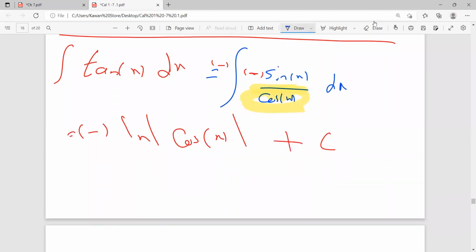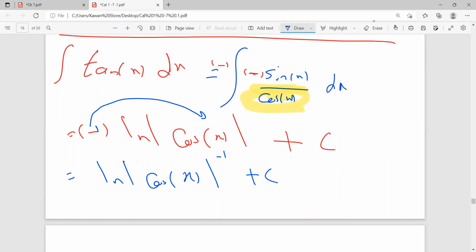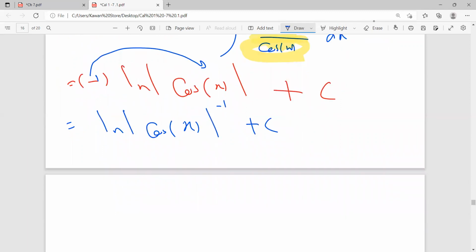This one is extra, I will give you, you can leave it here. Understood? That's the answer and it's perfect. But in your book they did something else, so just be careful. This minus will come up to the exponent, since ln plays with the exponent, by the fourth rule. So that is cosine to the power of -1 of x plus c.